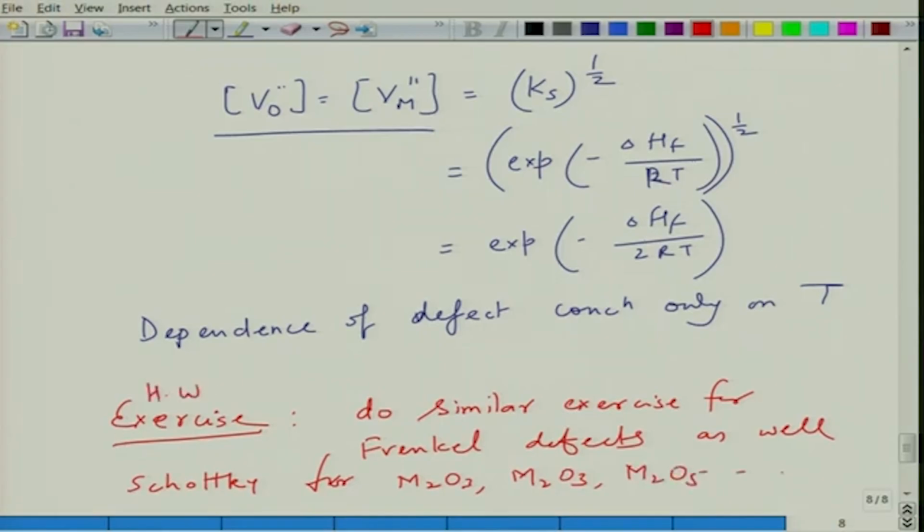Okay. So, this is a homework exercise. So, this is fairly straightforward. You will see the same thing in the case of Frenkel defects as well, that the defect concentration will remain independent of partial pressure of oxygen. It will depend only upon temperature.